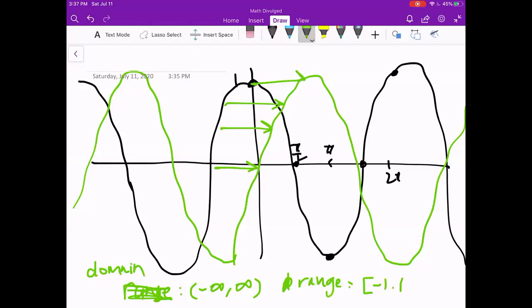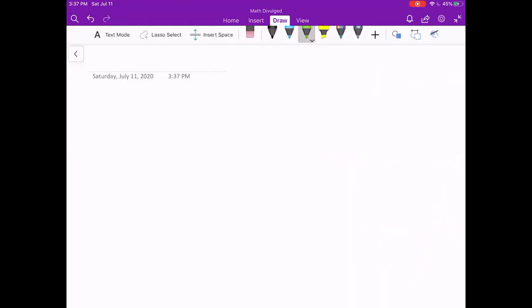So let's talk about the final graph. There's obviously a lot more graphs for like secant, cosecant, cotangent, but we won't be talking about this today. So let's go ahead and mention the graph of tangent. The graph of tangent is very weird because we have to remember that tangent has a lot of undefined values.